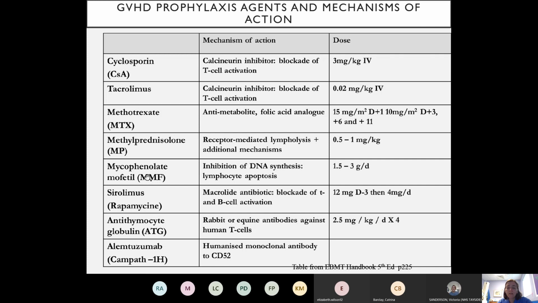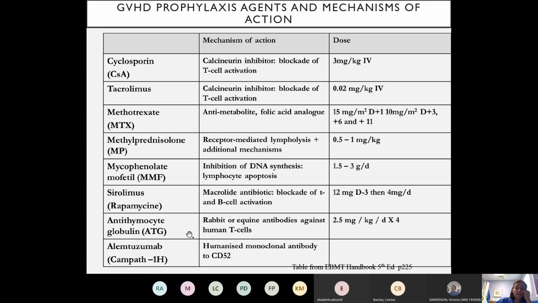MMF increases lymphocyte apoptosis, so it reduces the period of time that lymphocytes are circulating and causing chaos. Sirolimus, which is an mTOR inhibitor, blockades T and B cell activation. It also upregulates T regulatory cells, so it has a role in preventing T cell activation as well.